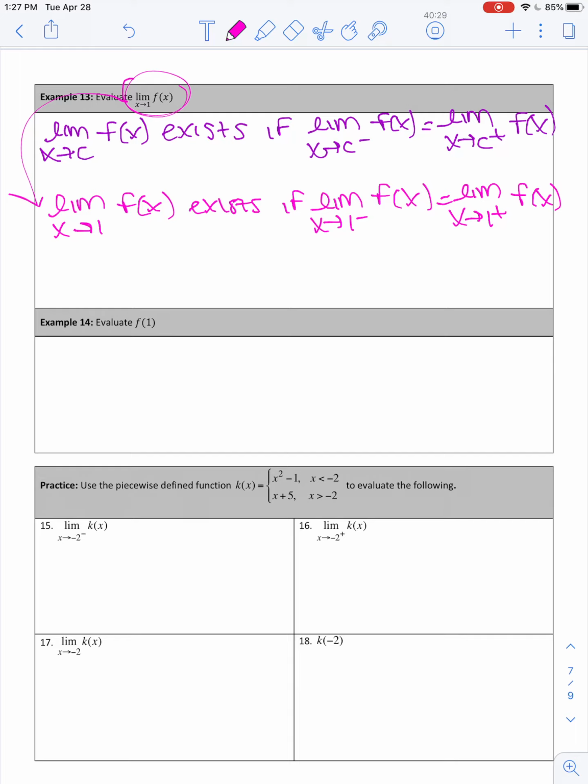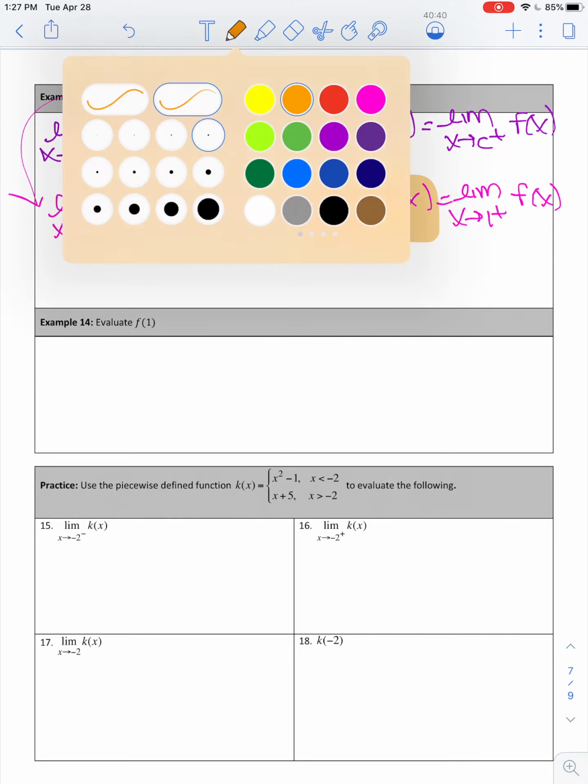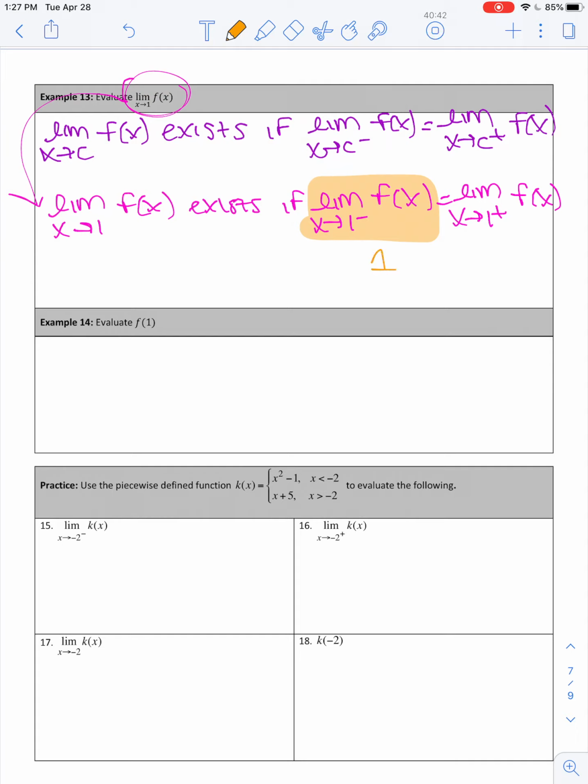Well, from example 11, we know that the limit as x approaches 1 from the left of f of x is 1. And from example 12, we know that the limit as x approaches 1 from the right of f of x is 4.